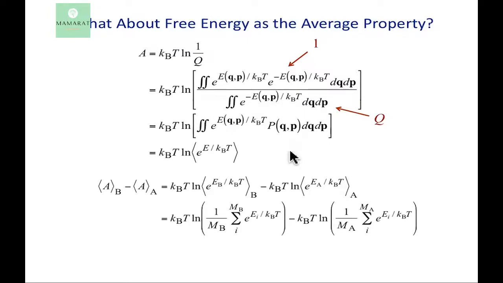So let's say that I'd like to know the free energy difference, because almost all thermochemical quantities we're interested in are differences. The difference between system B and system A. Maybe they're isomers of one another, for example. One way I could compute that would be to compute the free energy of system B by doing a simulation for system B and taking the expectation value, the average of this quantity.